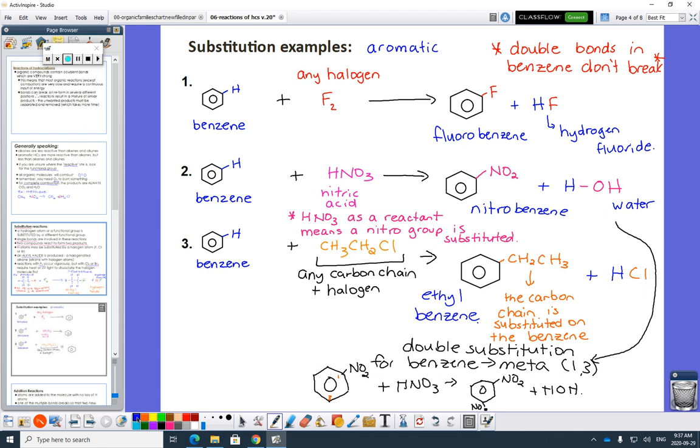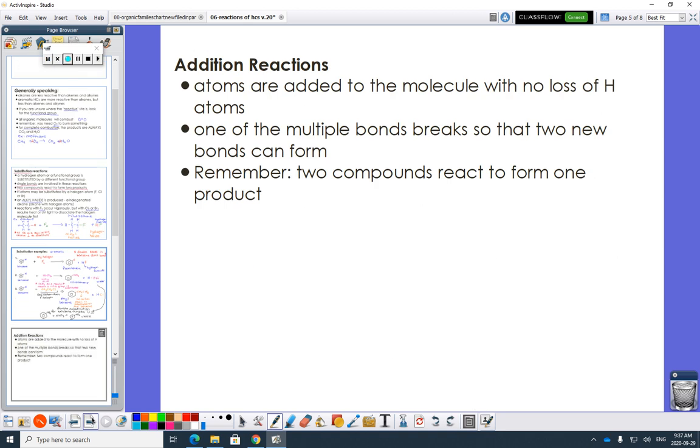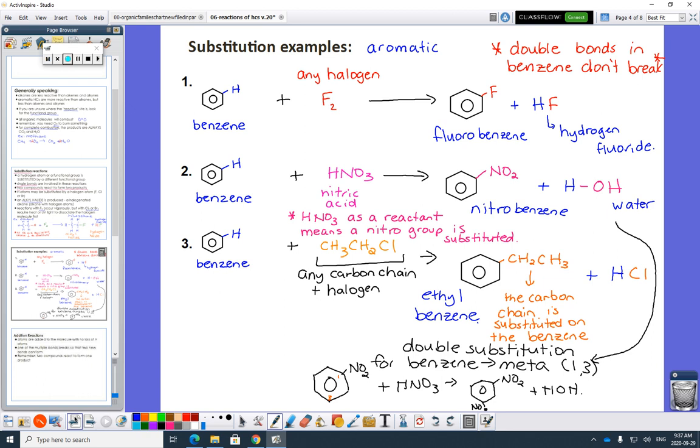When you have a double bond or a triple bond, then you're going to use what's called an addition reaction. Here it says HNO3 as a reactant means the nitro group is substituted. It sort of looks like it's being added to the chain, but addition is saved for when you're actually adding atoms and nothing is removed.